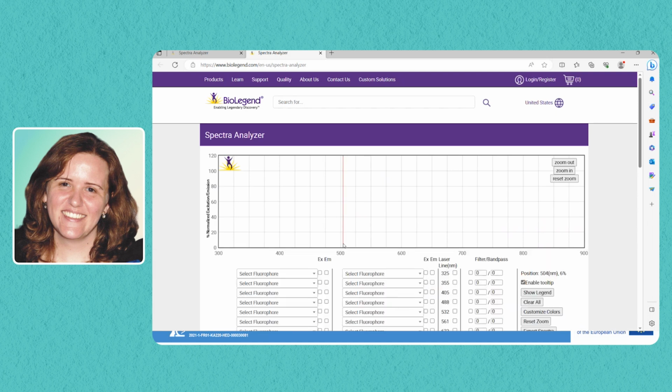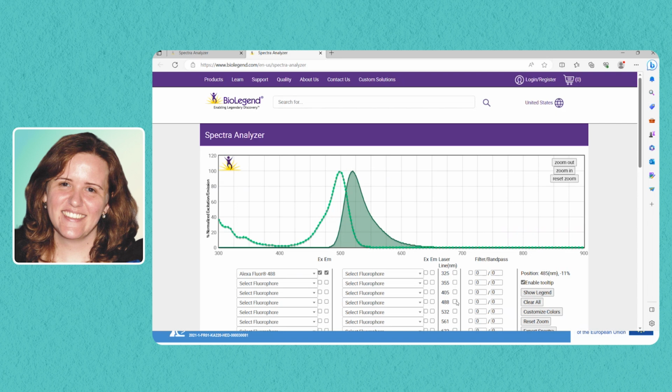So it's something like this, where you have the possibility, and let me, for example, show you the one that we use. So we use Alexa Fluor 488, okay? And you can choose to see here the excitation spectra and the emission spectrum, okay? And then you can choose here the laser. Which lasers do you have in your cytometer?